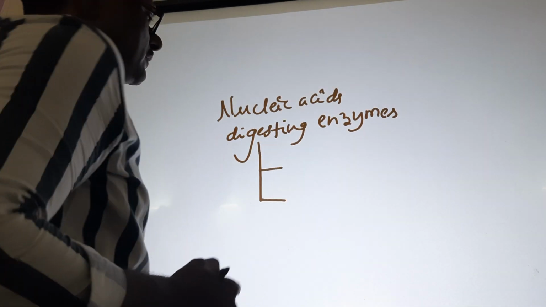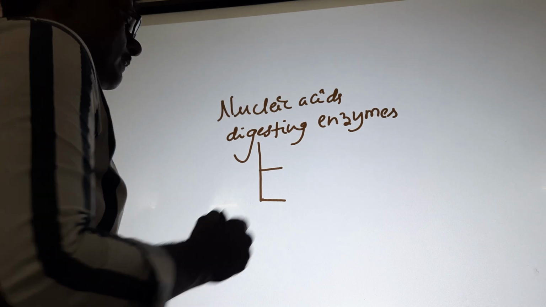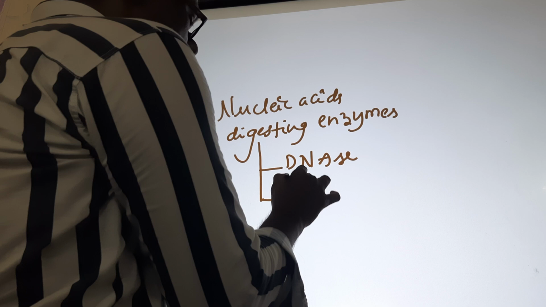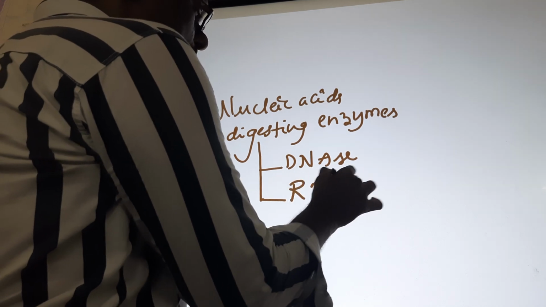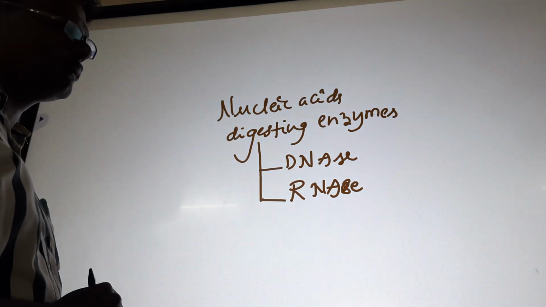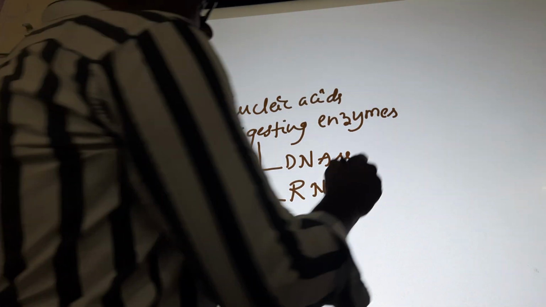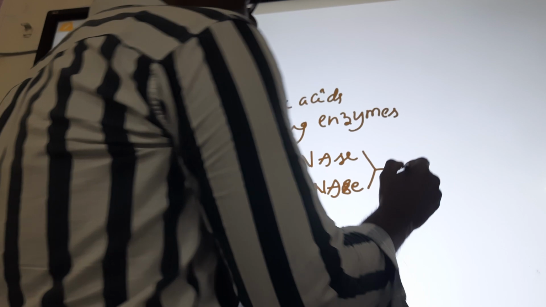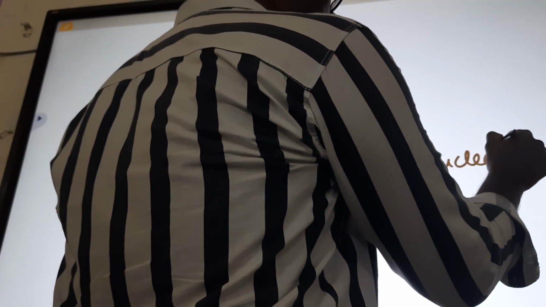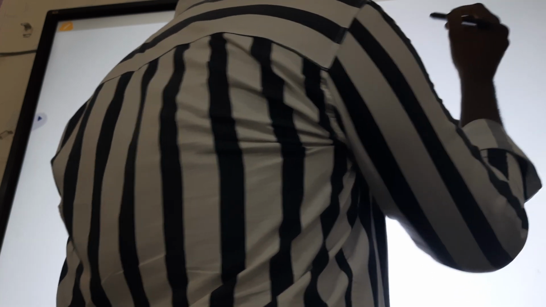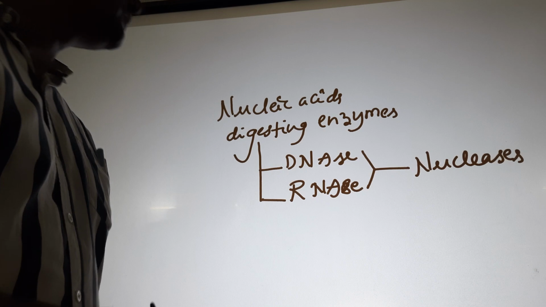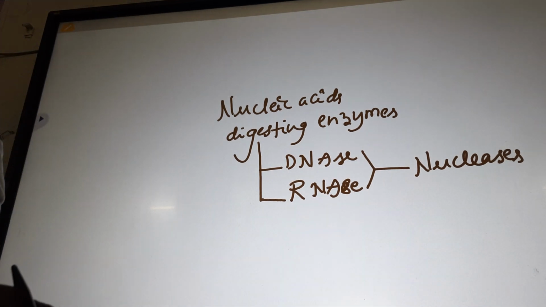So, nucleic acid digesting enzymes are DNases and RNases, collectively known as nucleases, right? So the list of enzymes has been discussed here.